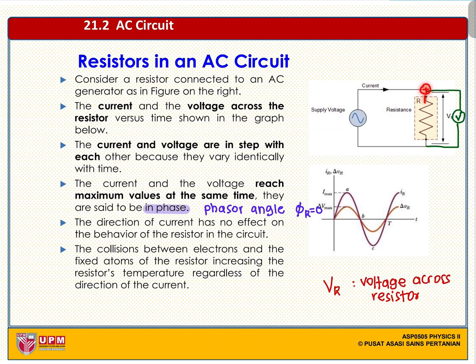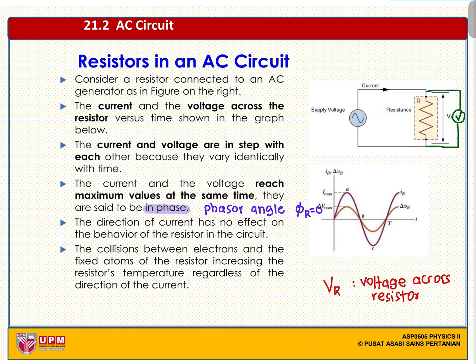Bila positive charge tu masuk dalam resistor ni, dia still akan langgar atom-atom dalam resistor. Ingat balik, kita dah belajar resistor. So kalau dia datang daripada atas ni pun, your current still akan langgar juga atom-atom resistor. Kalau dia datang daripada bawah pun, awak punya current juga akan langgar atom-atom dalam resistor.